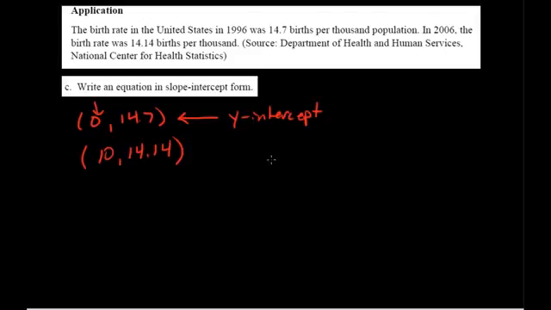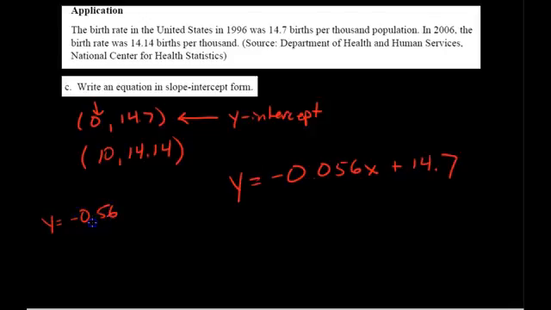So our equation could also be written y equals negative 0.056x plus 14.7, which looks really different than the other equation that we found, which looked like this, 126.5.